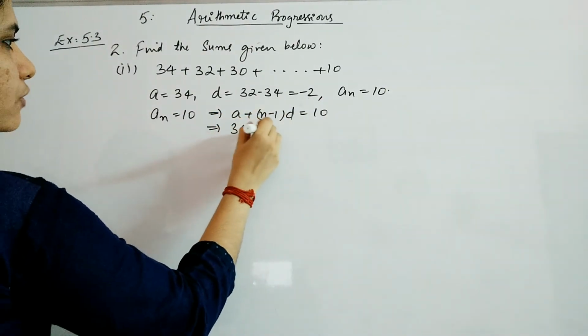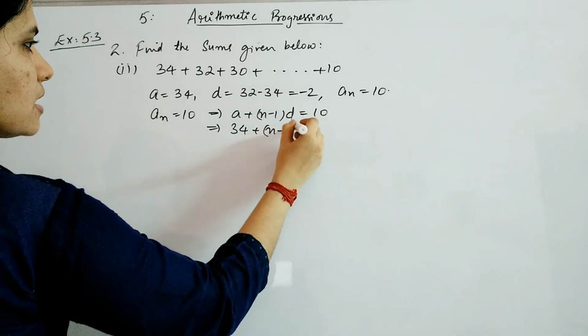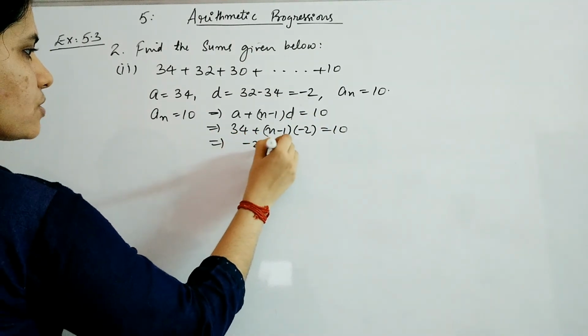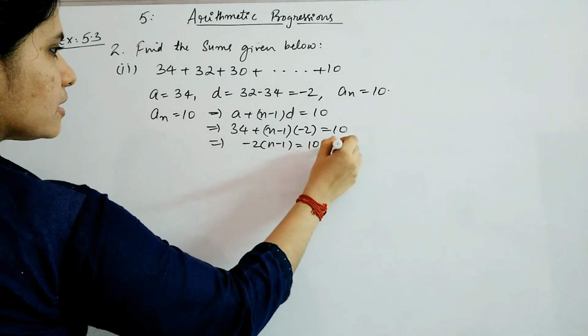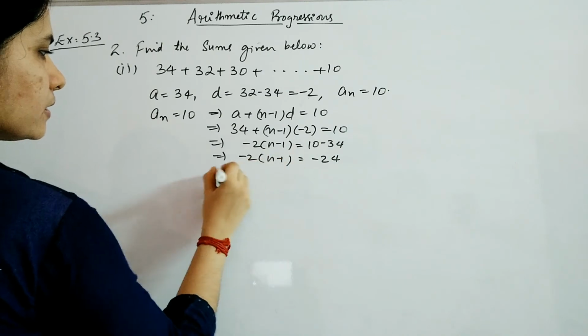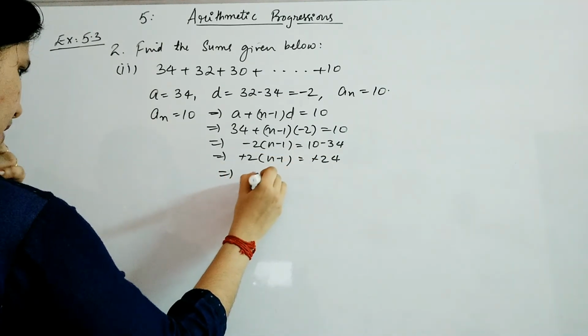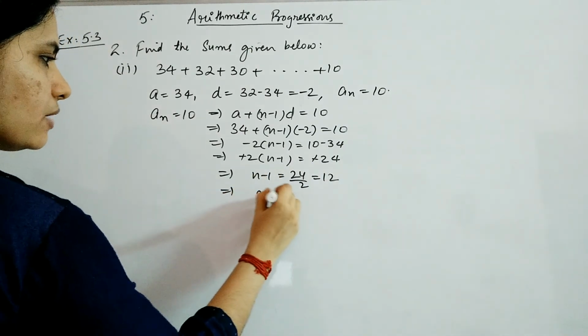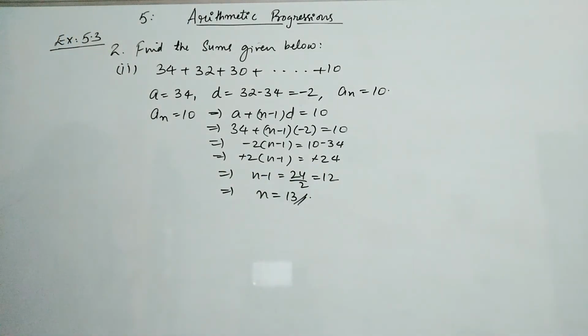Replace the values. 34 plus n minus 1 into D, which is minus 2, is equal to 10. So you will have minus 2 into n minus 1 is equal to 10 minus 34, which is minus 24. Negatives get cancelled. You get n minus 1 as 24 by 2, which is 12. So what will be n equal to? 13. Okay, so you got the number of terms to be added, right?